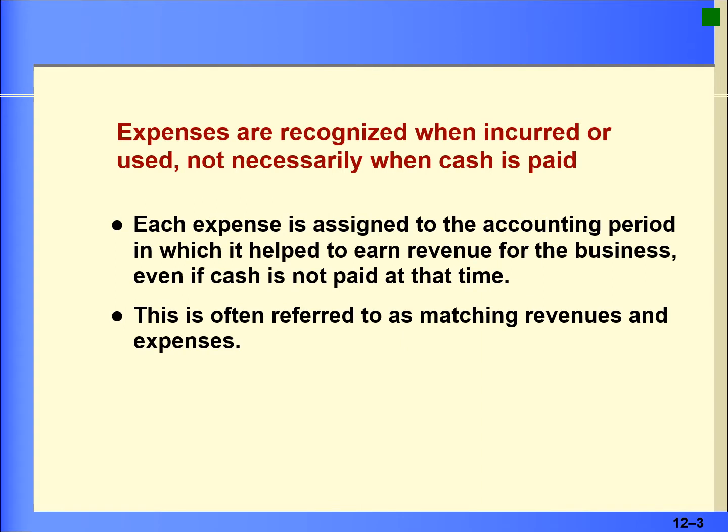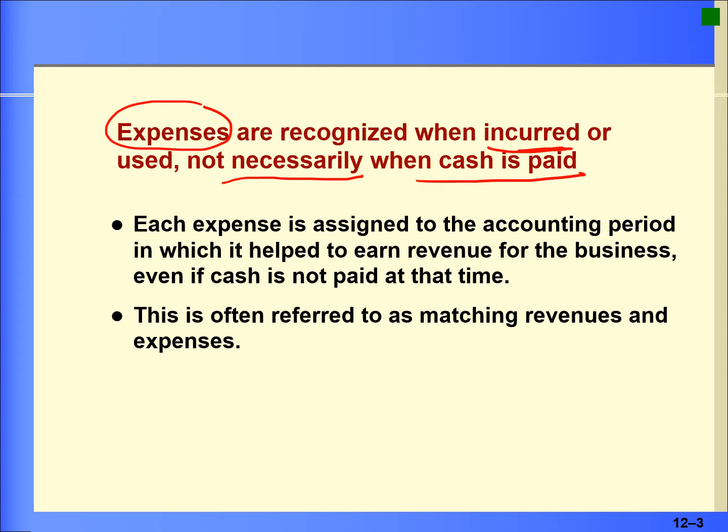Once you take care of the revenue side of the equation, you look at the expenses. Expenses are recognized when they are incurred or used. Again, not necessarily when cash is paid. Hopefully you're picking up on the fact that cash isn't the driver for determining when revenues and expenses are recognized.